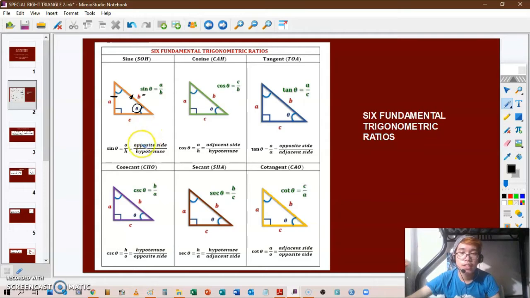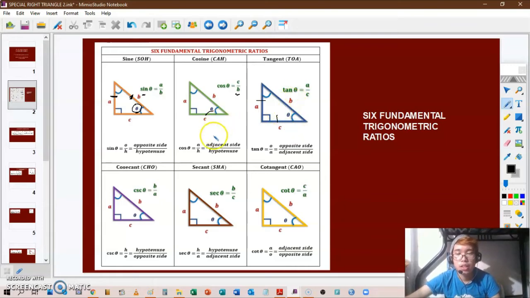Okay, so sine theta is equal to opposite side A all over B, or the opposite side all over hypotenuse. The cosine theta is equal to C, the side adjacent to theta, C all over B, the hypotenuse. Tangent theta is equal to A all over C, or the opposite side all over the adjacent side.